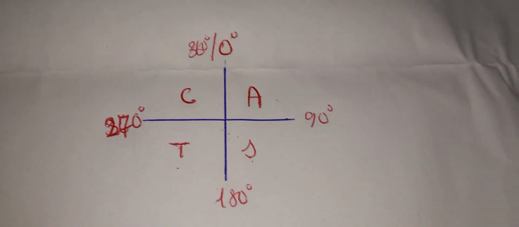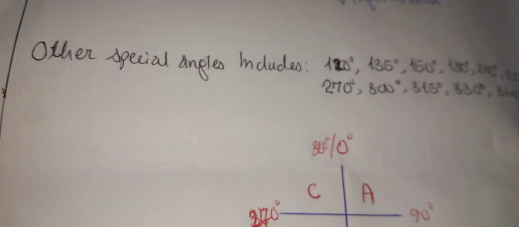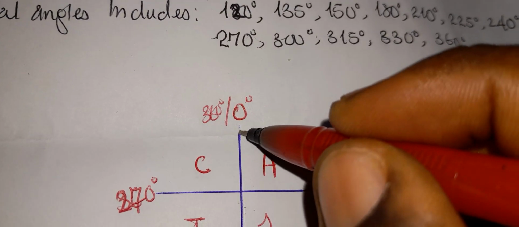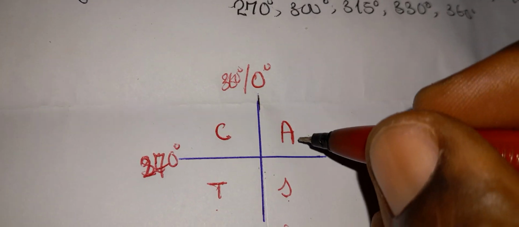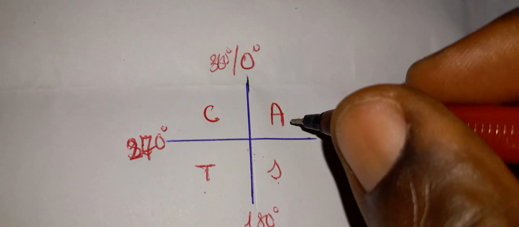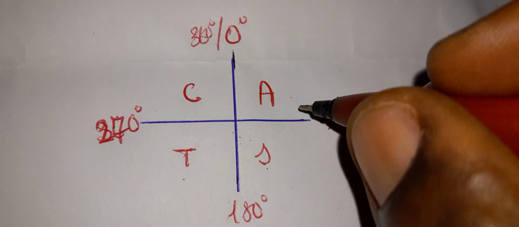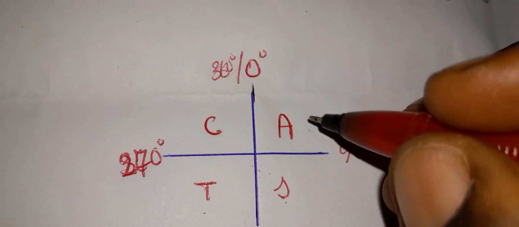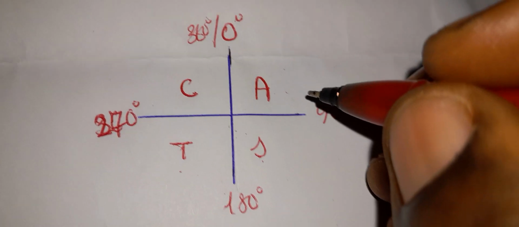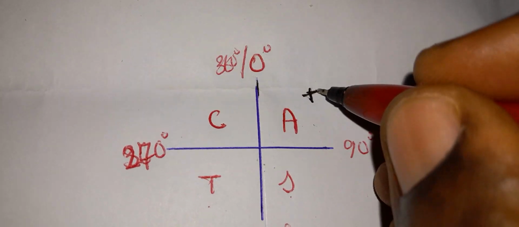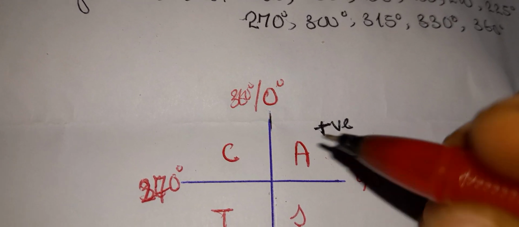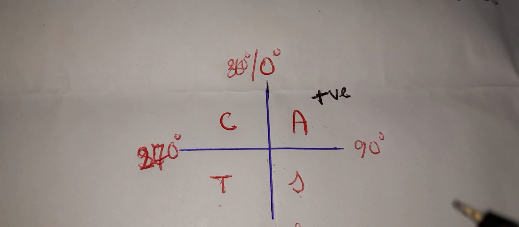So it means the first quadrant, it means all trigonometry like sine, cos, and then tan, all values that fall in this territory are all positive for everything. So that's between 0 and 90 degree.